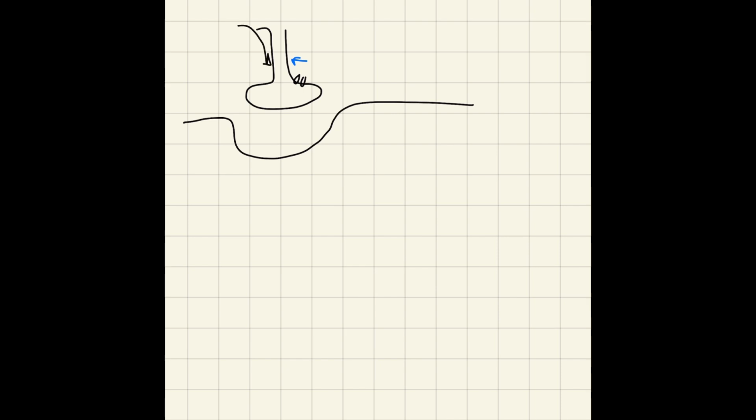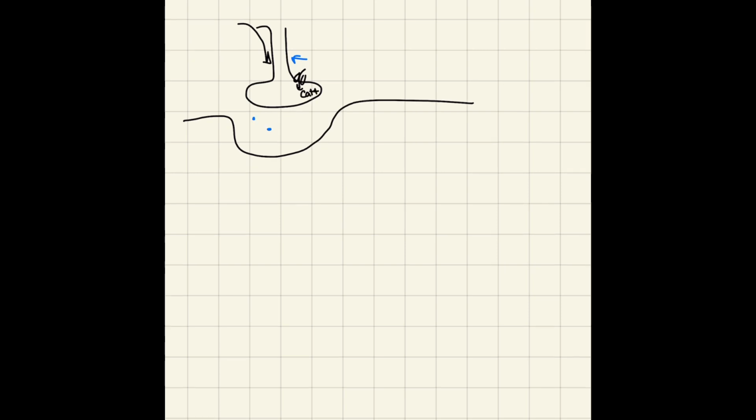So calcium flows into the cell, and we're going to release neurotransmitter because we have endocytosis that is induced by calcium.